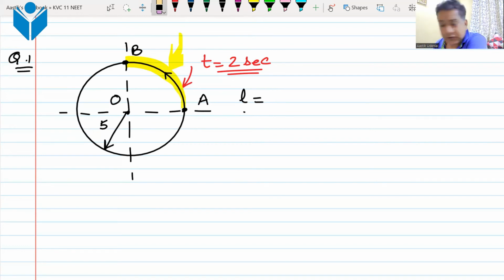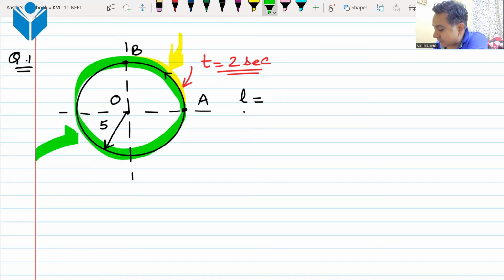Do you know the circumference of a circle? How much is that? The circumference of this entire circle is 2 pi r, yes or no?